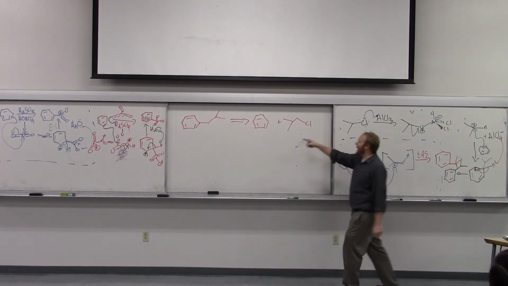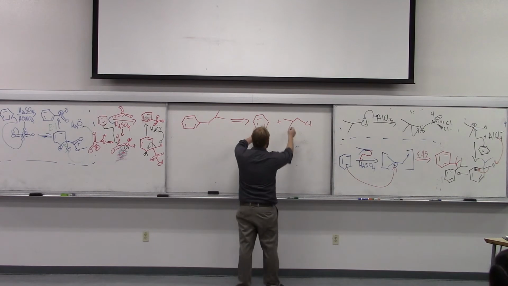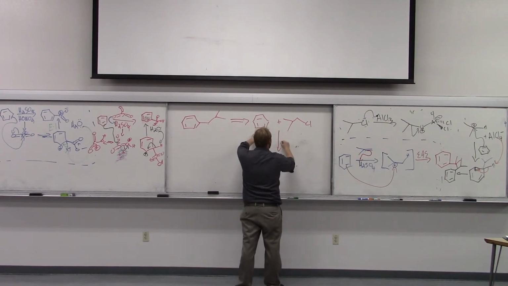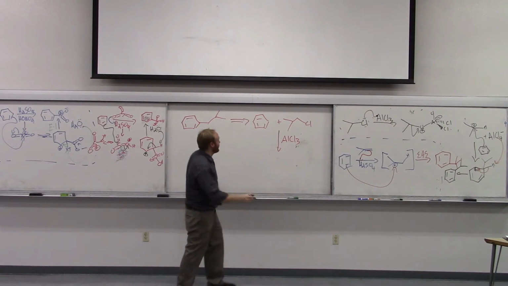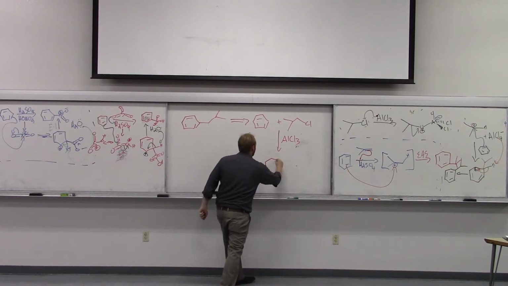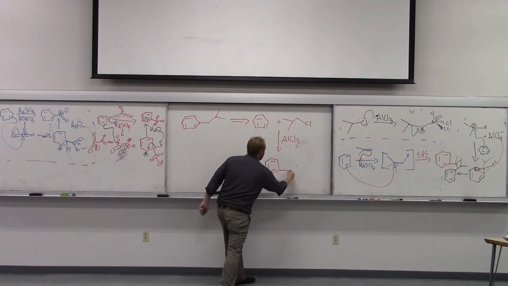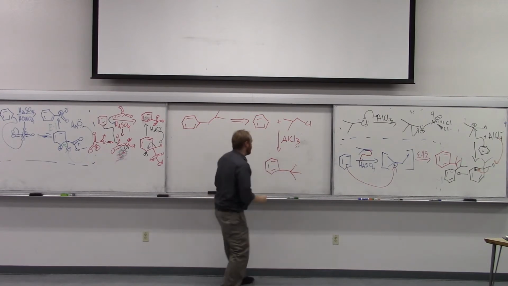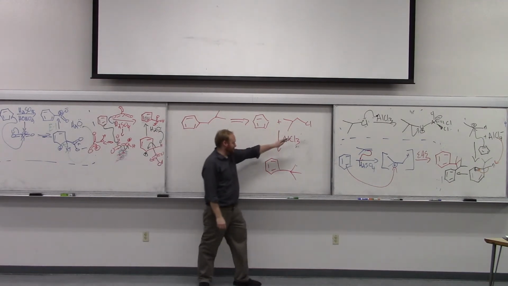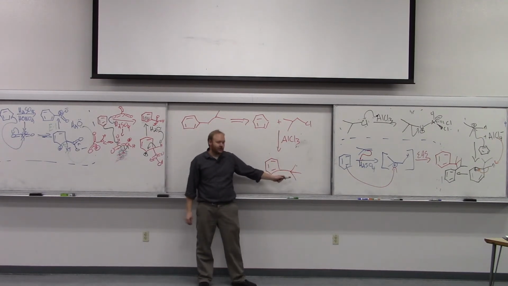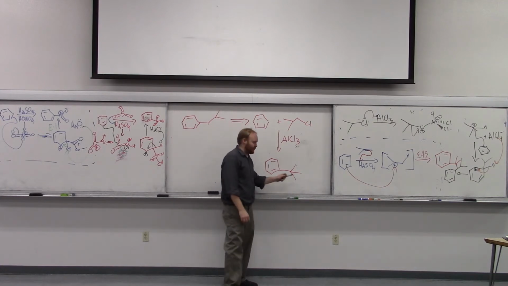If we did this reaction, this plus this, and AlCl3, the product we would get out would actually be this product. So instead of having two methyls and a methylene, we rearrange so we get a cation that gives this.